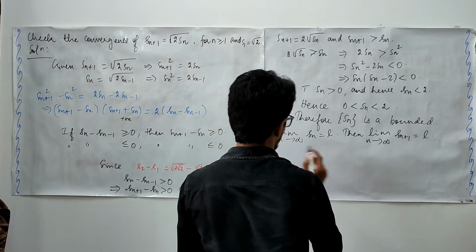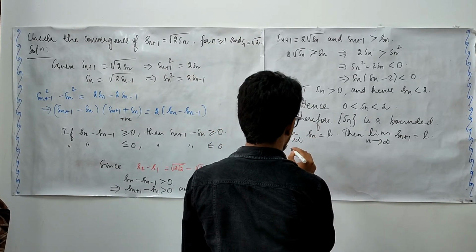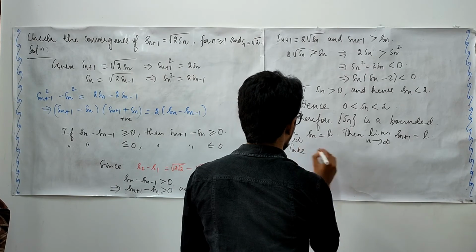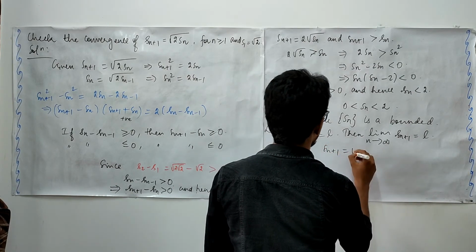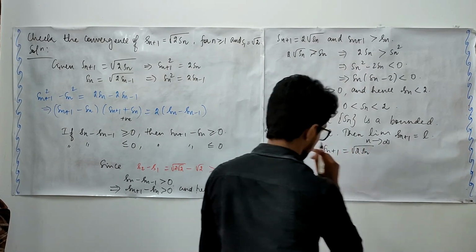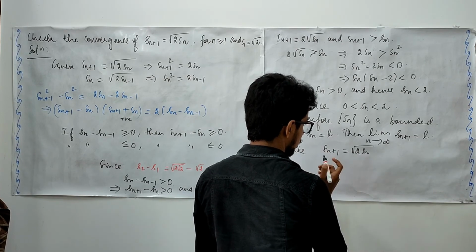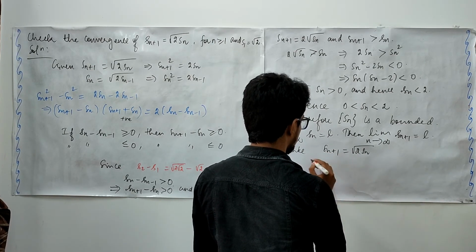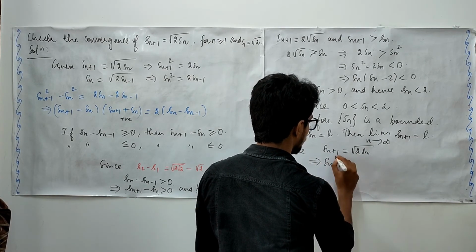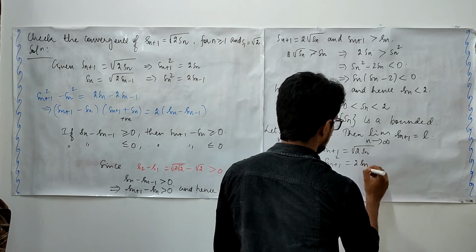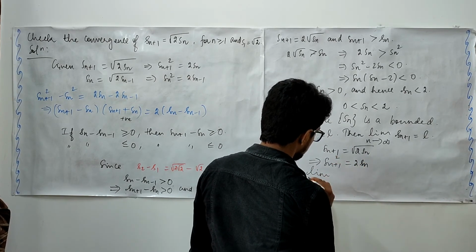Now you have this, right? So take Sn plus 1 is equal to under root 2 times of Sn. Okay, just square it. So Sn plus 1 square is equal to 2 times of Sn, and take the limit.